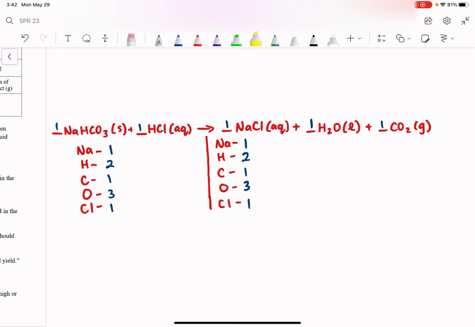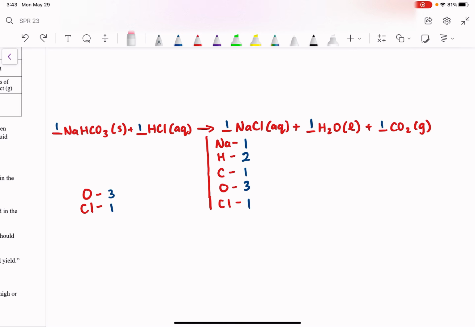So in other words, 1 mole of sodium bicarbonate reacts with 1 mole of HCl to produce 1 mole of NaCl, 1 mole of water, and 1 mole of CO2. Okay, so now let me just clean this up a little bit.